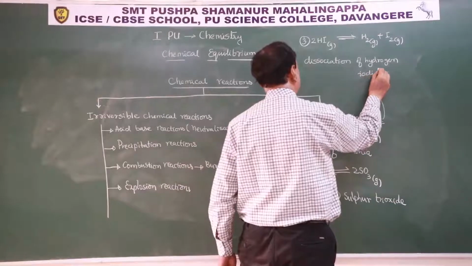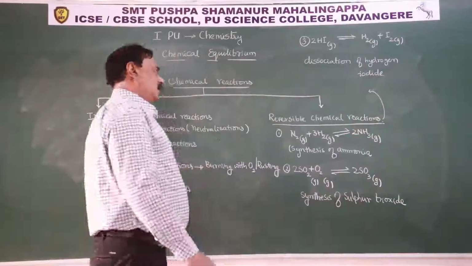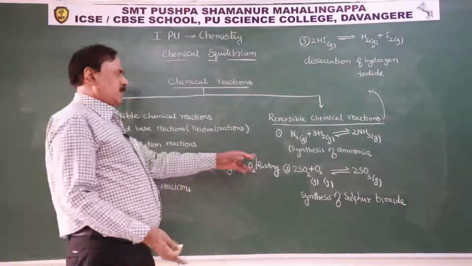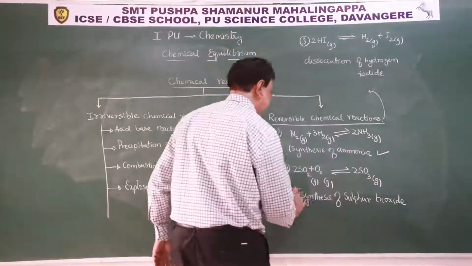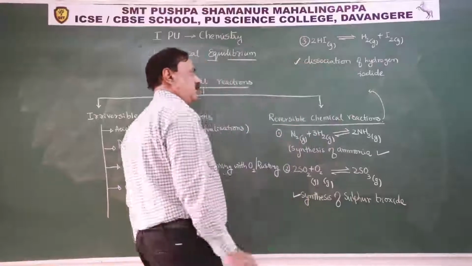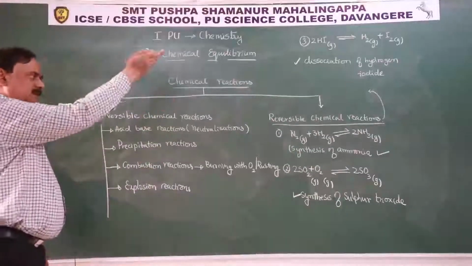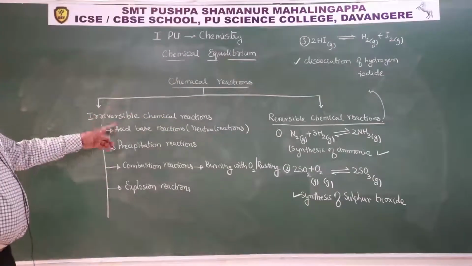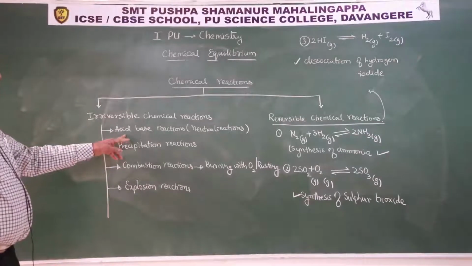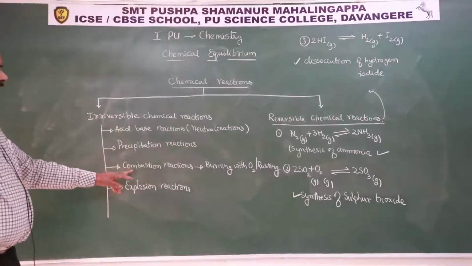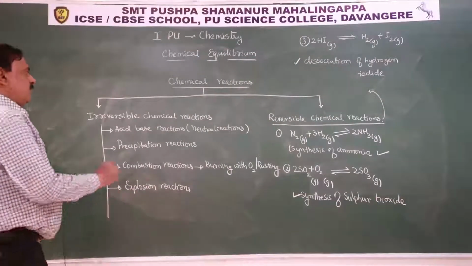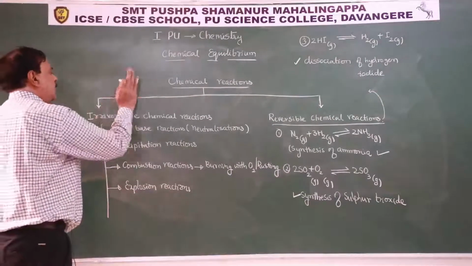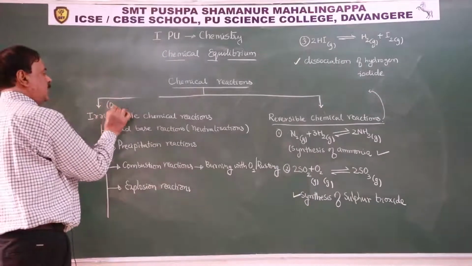I mentioned a few examples: synthesis of ammonia, synthesis of sulfur trioxide, and dissociation of hydrogen iodide. See these examples, and in these examples, acid-base reactions, precipitation reactions, combustion reactions, and explosion reactions, here the reaction proceeds in only one direction.